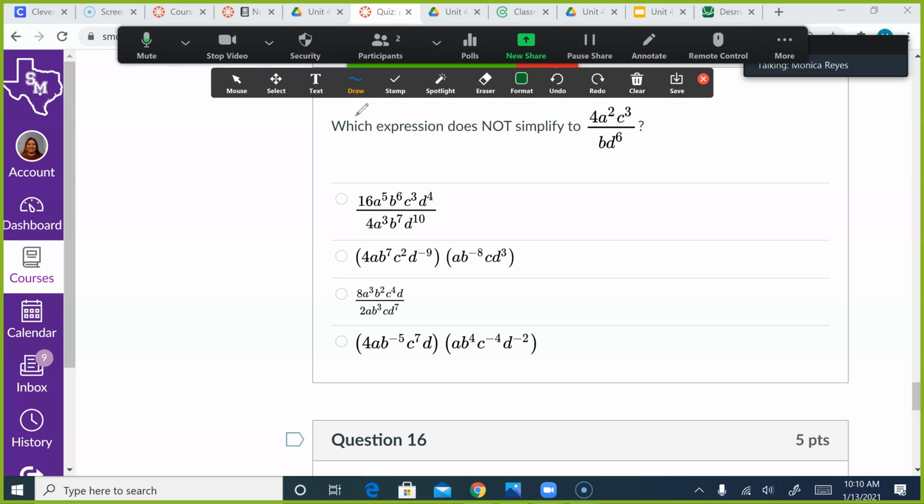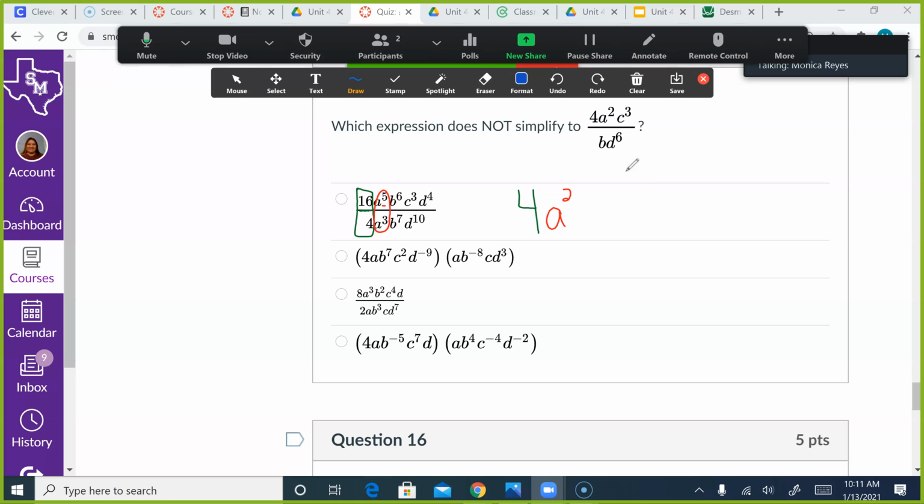All right, so for dividing, the number part, we divide like normal. So 16 divided by 4 is 4. And then for the combining part, we subtract. Because we're dividing, we subtract the exponents. 5 minus 3 is 2.